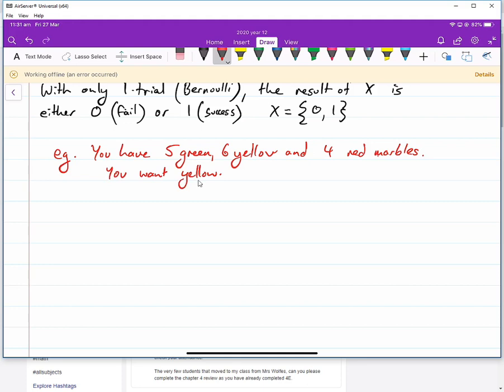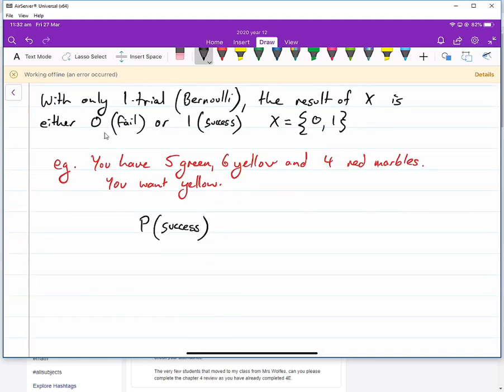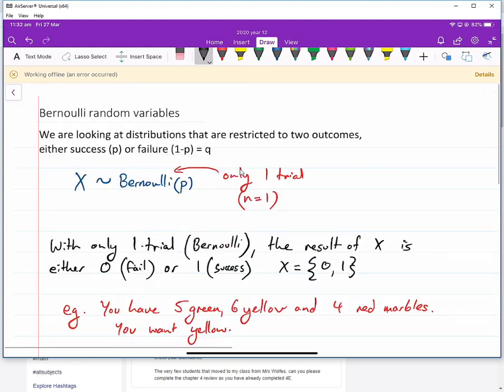If we want a yellow, we're either going to get a yellow or we won't get a yellow. So from that, we can still say it's Bernoulli distributed, and the probability of success, which is p, is therefore going to be 6 out of 15.